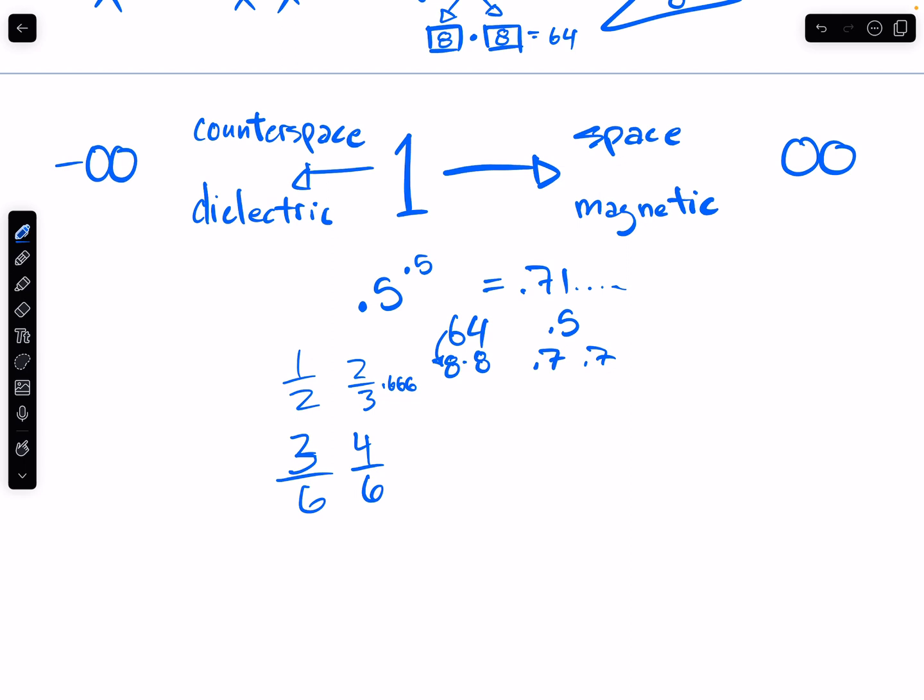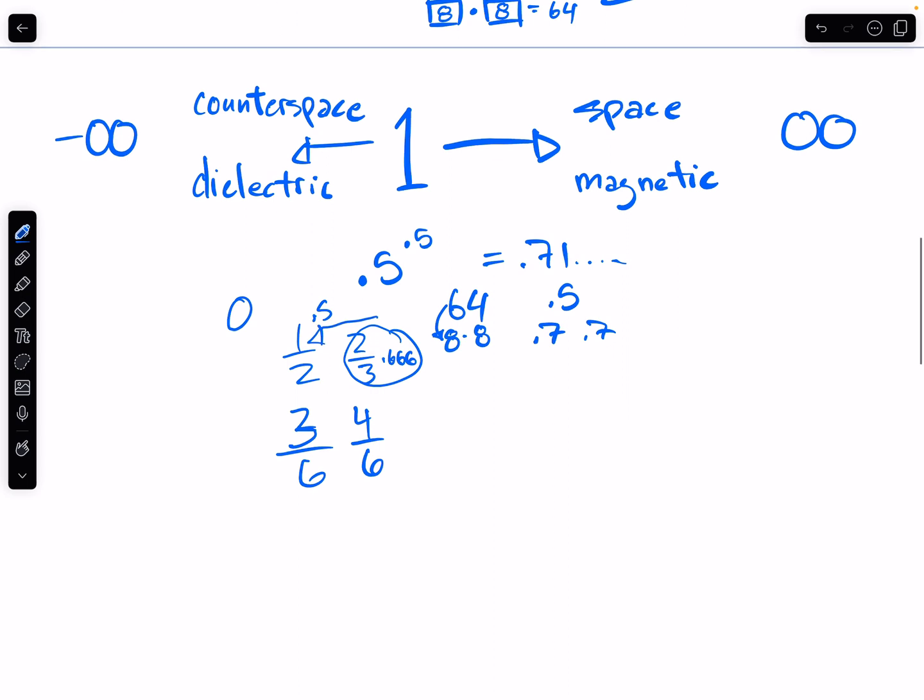So as far as being closer to 0, we're saying 0.7. So these units, when we multiply them together, they're moving us to the left.